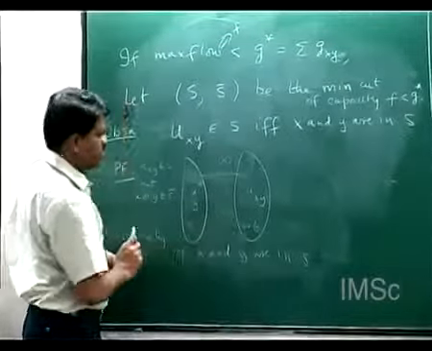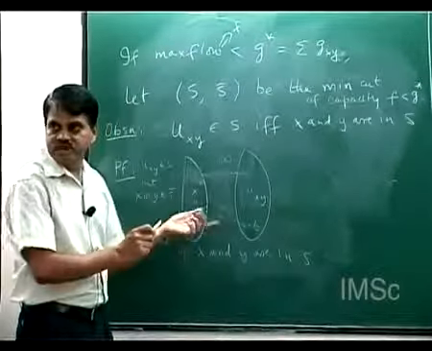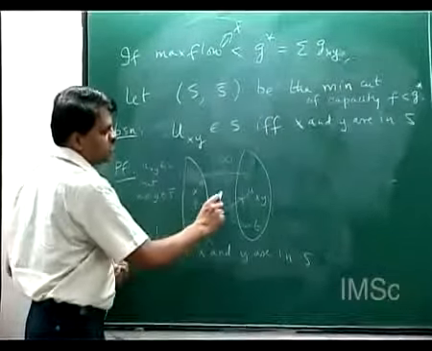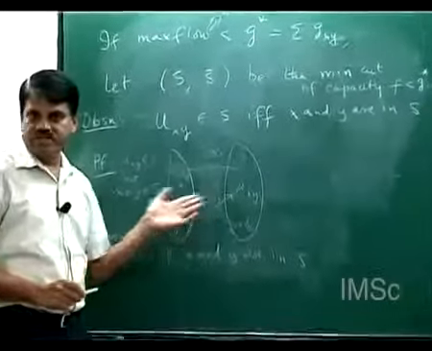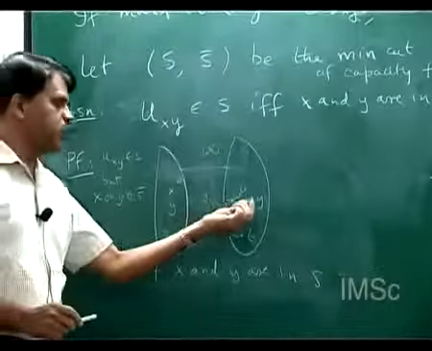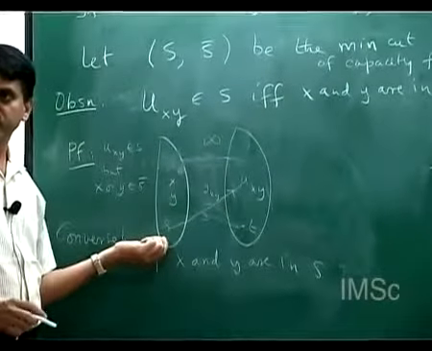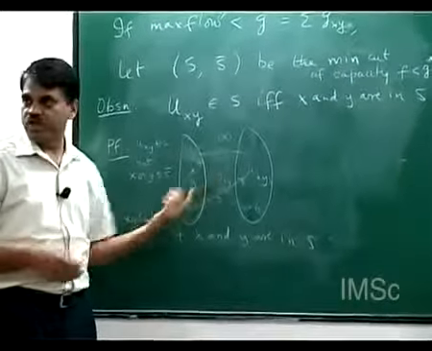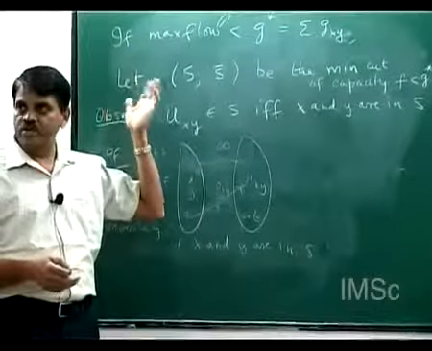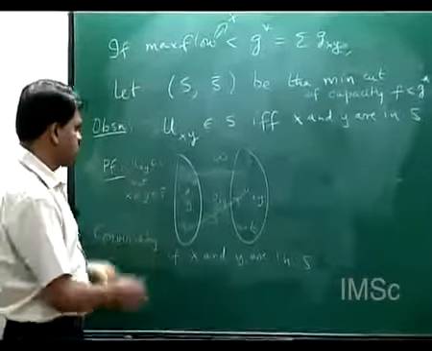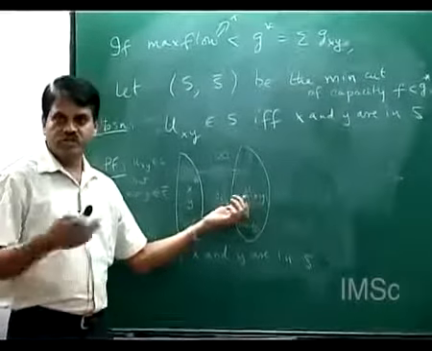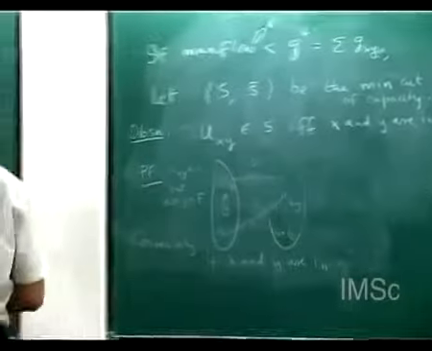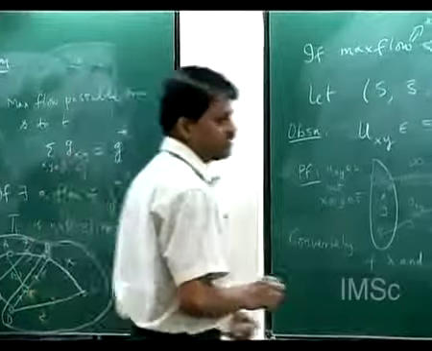They will have some edges to T, yes, that is m minus w x, and this has an edge of g x y capacity going there. So, what if I just pull u x y and put it here? What do I get? A decrease by this g x y, right. So, that contradicts the fact that you started out with a min cut, since I have a cut with smaller capacity. So, that shows that if x and y are in S, u x y can be pulled into S. Okay. So, good. With that, now we will analyze the capacity of this cut.